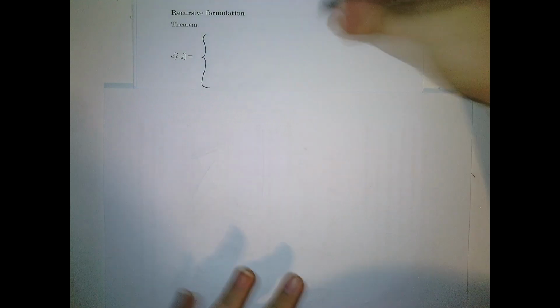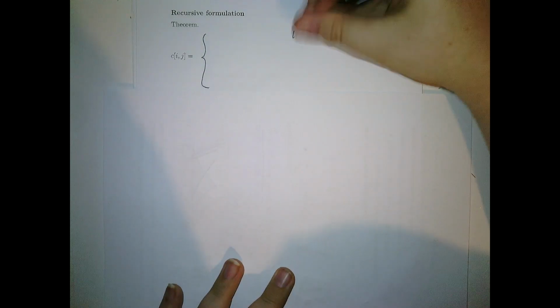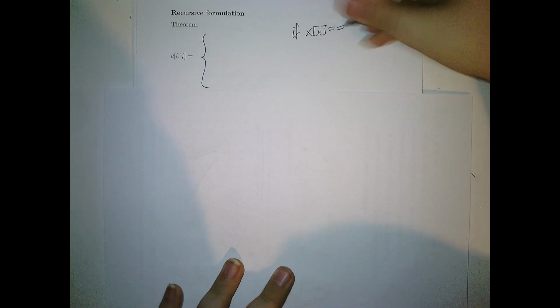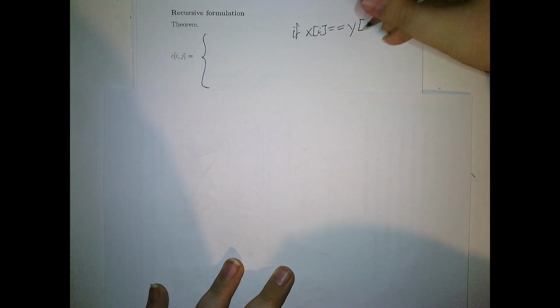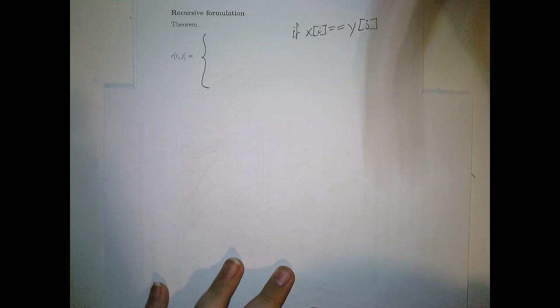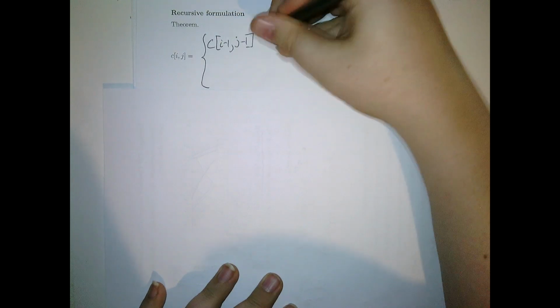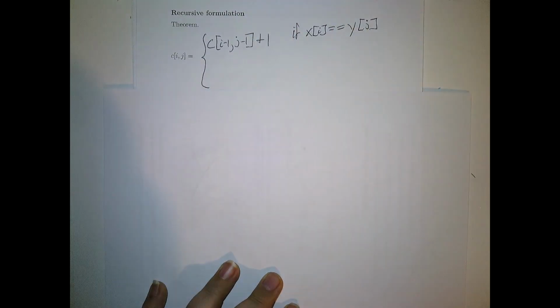Well, I claim there's two cases. If x at position I is the same as y at position J, then I can recursively calculate C(i-1,j-1) and add one more. So that's one more match.